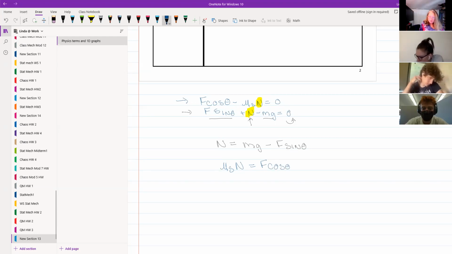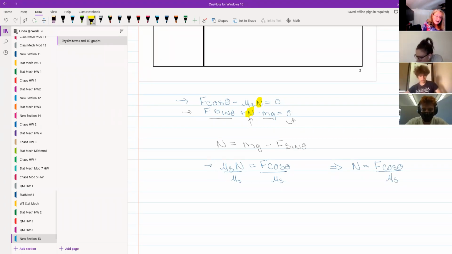To do two equations with two unknowns, I need to get rid of this coefficient, this mu s, which you don't know yet, and the only way to do that is to divide both sides by it. That gives me the normal equals force times cosine of theta divided by mu s.